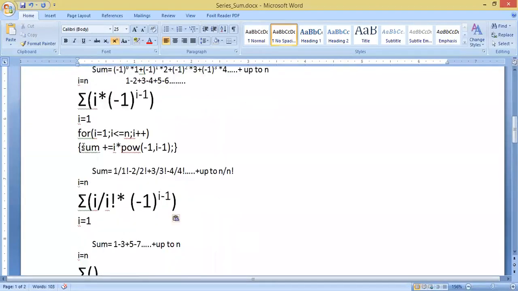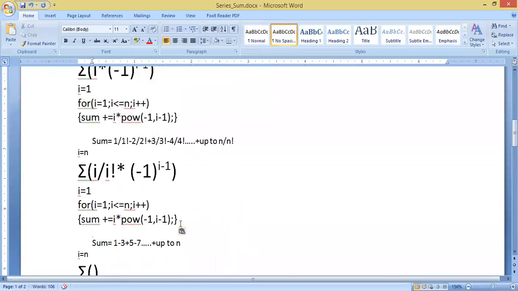So can you write the for loop for this one? I will write here I divided by factorial of I. I divided by factorial of I must be written in brackets so that it is evaluated properly, and the rest of the things are okay.